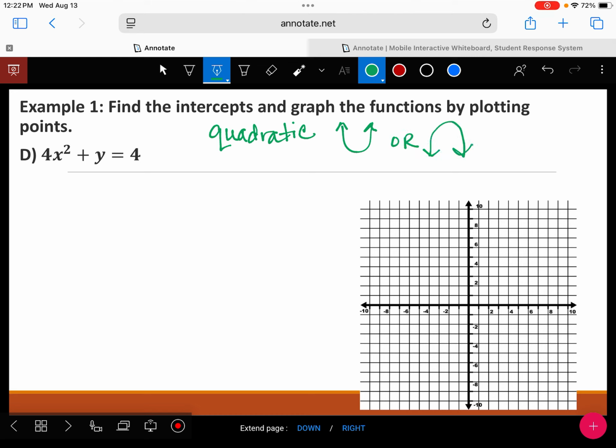So we have to find our x-intercepts to figure out what this one is going to look like. It depends on where your y-intercept is. Now the method does not change. We're still putting a 0 for y to find the x, and then a 0 for x to find the y.